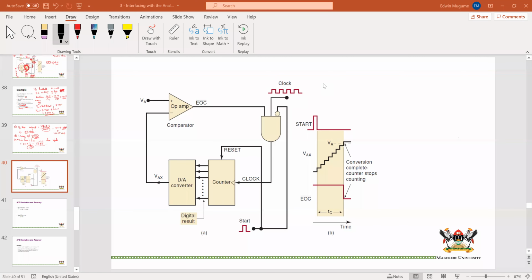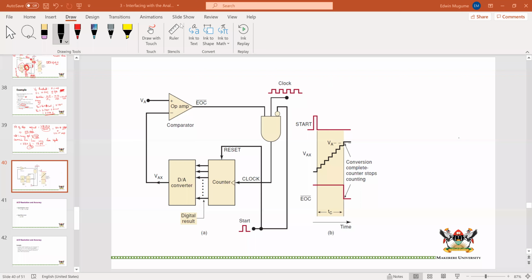We were looking at ADCs, analog to digital converters, last time, and we looked at the digital ramp ADC, which I think is quite easy, and everyone got how it works.